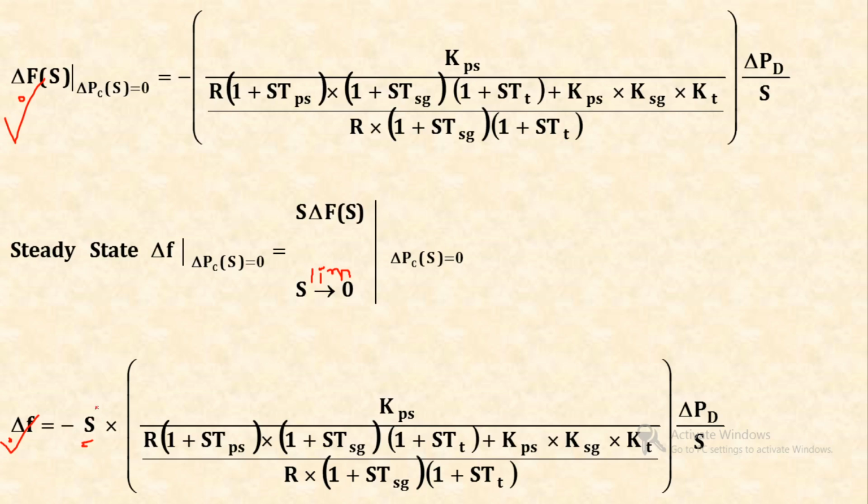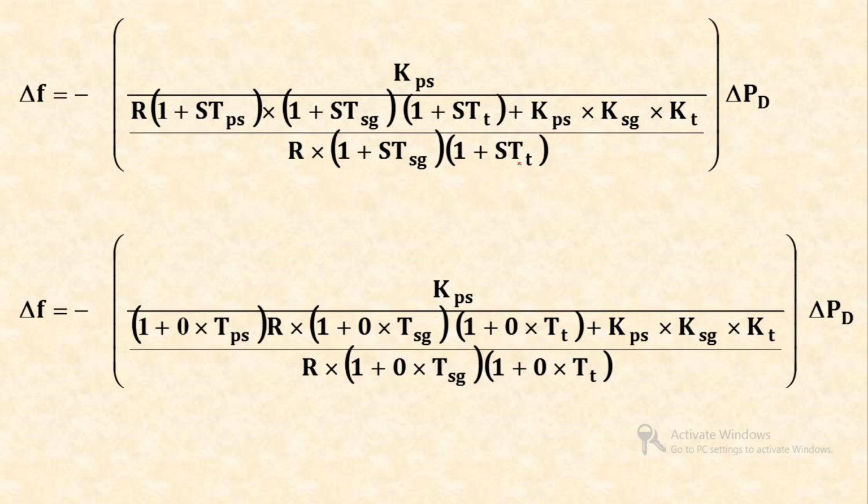So, over here minus s into this whole term. Here this s and s will be cancelled out, clear. So, further simplification will look like this. This is the minus sign, this is the minus sign, and the whole term.